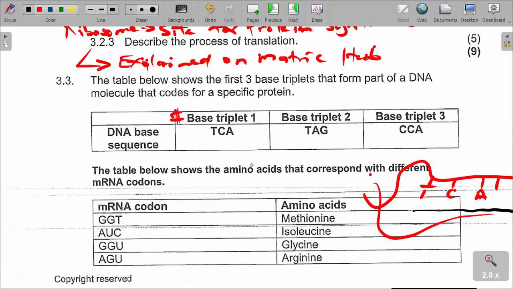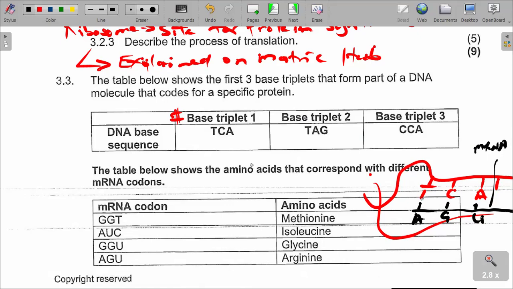So we have our mRNA, which must have the complementary bases that pair to it. Here T pairs with A, C pairs with G, and A pairs with U. This is the mRNA.